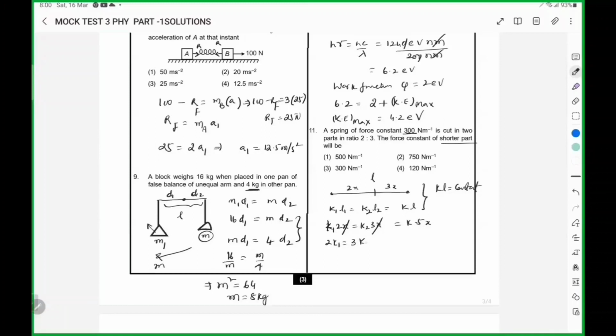So 2K1 is 3K2. He is asking the force constant of the shorter part. Shorter part means 2x, that is K1. So K1 into 2x is K into 5x. 2K1 is 5 into K, here K is 300. So it is 750 Newton per meter.